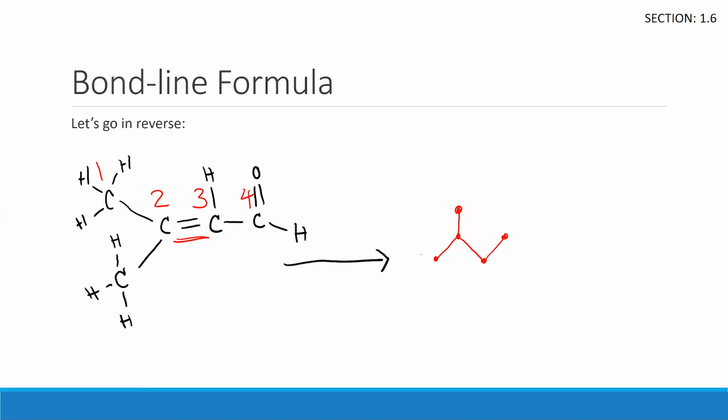So this is 1, 2, 3, 4. Okay, there's that one. And we also have, on the very last carbon, a double bond to an oxygen. So I need to draw that double bond oxygen.